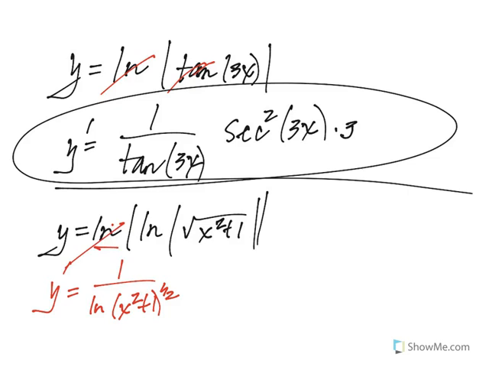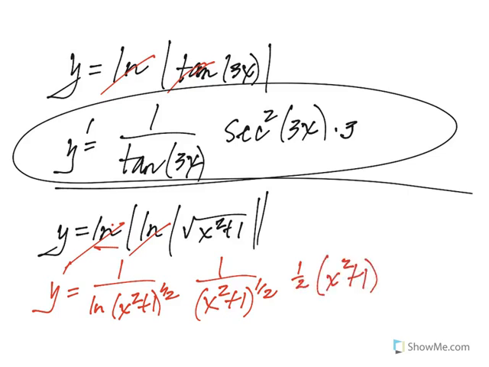I now go inside my outer set of absolute values. The natural log of, when I derive that, is 1 over what I'm logging on the inside. So now I'm done with that. And now I go inside. The next outermost function is the 1/2. That's 1/2 x squared plus 1 to the negative 1/2. Cross that off, and I multiply that all by 2x.